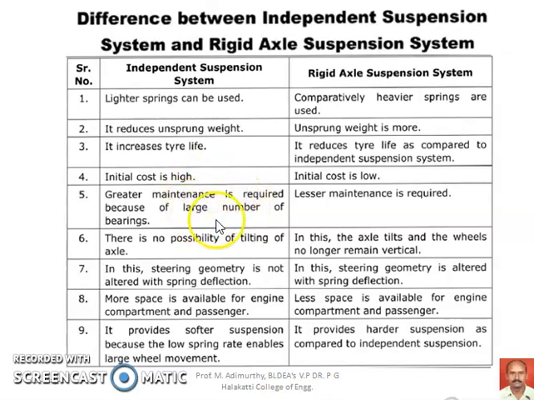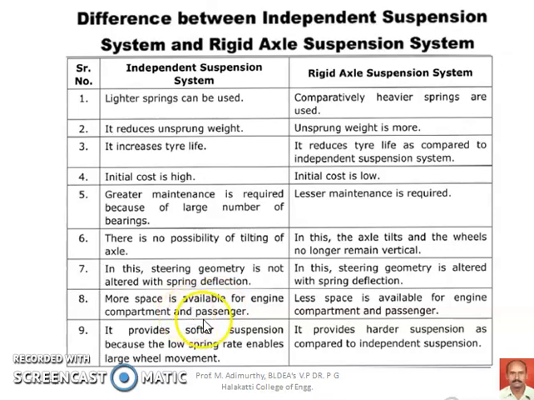Maintenance requirement is more in case of independent suspension system in comparison with the rigid axle. And the possibility of tilting is very minimum in case of independent suspension system, whereas the axle tilts and wheels may not remain vertical in case of rigid axle suspension system, leading to the reduction in the stability of the vehicle. Steering geometry is not altered with the spring deflection in case of independent suspension system, and there is a chance for altering in case of the rigid axle suspension system.